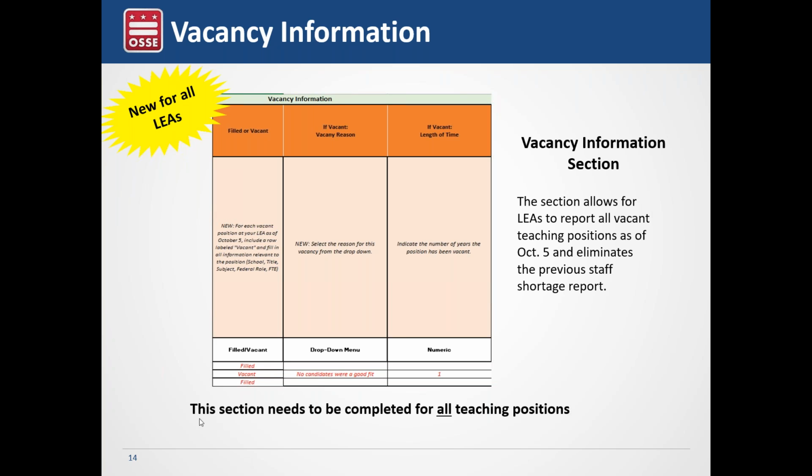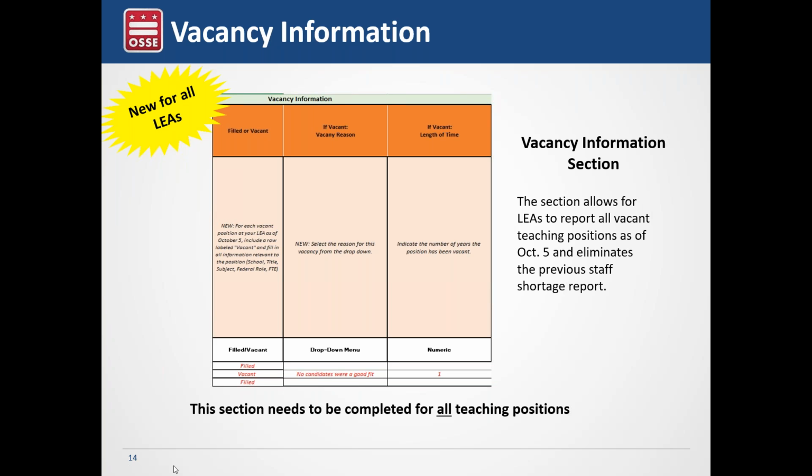Of course, if you have a person in that role and you give us information about Susie Jones, then that position is filled. But if you have a teaching position as of October 5th that you have still not been able to fill, then you need to include information on that position as well. And so you would put vacant in that very first box.